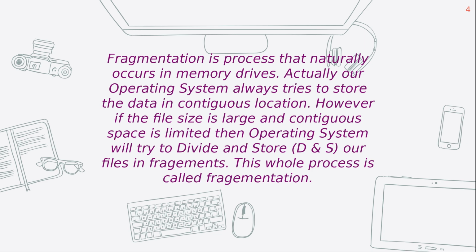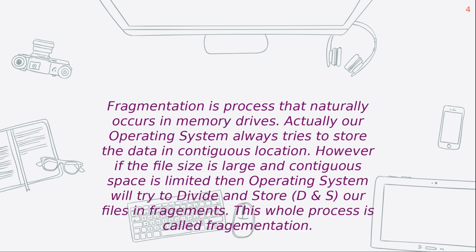So what it will try is called the divide and store technique, in which your very large file will be split into multiple smaller fragments, and the operating system will store those fragments at different locations on the disk. This whole process is called fragmentation.